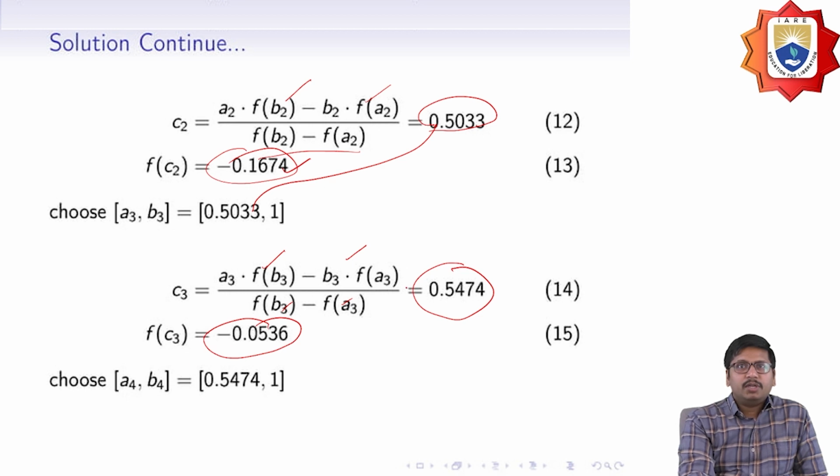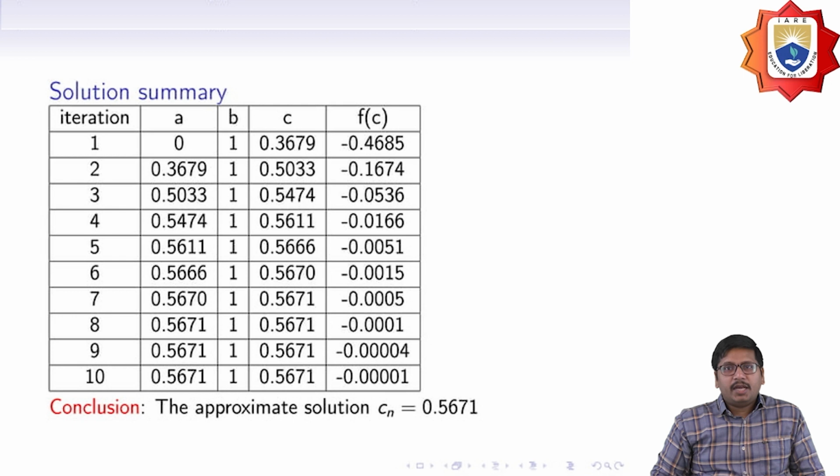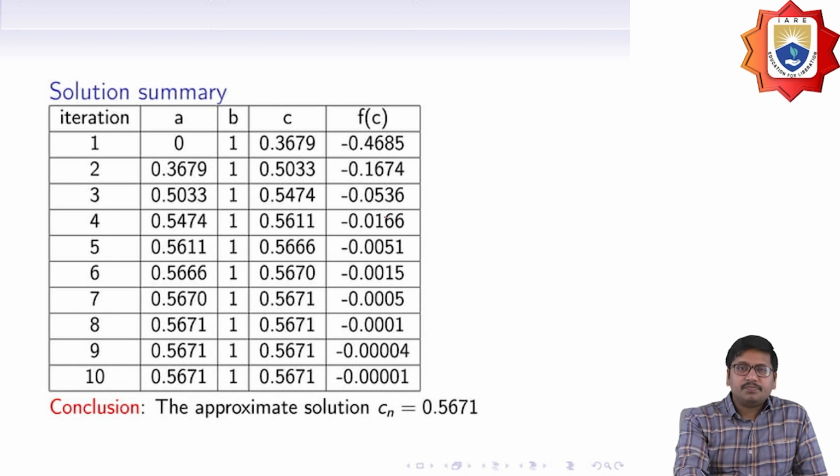Again choose a4 and b4, between which the root lies, and then finally calculate the values of f of c here. From the previous calculation, a equals 0 and b equals 1, I get this c value and f of c.